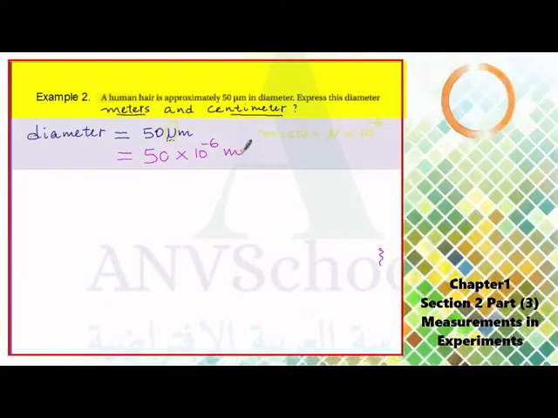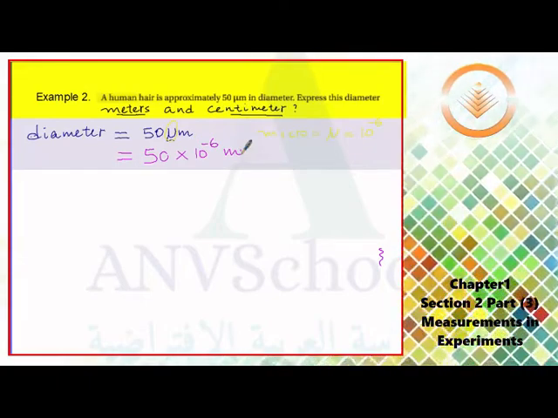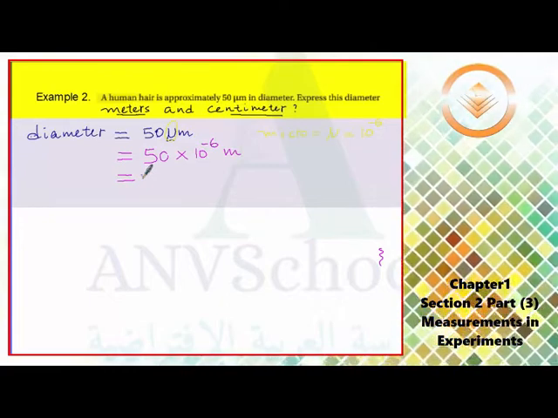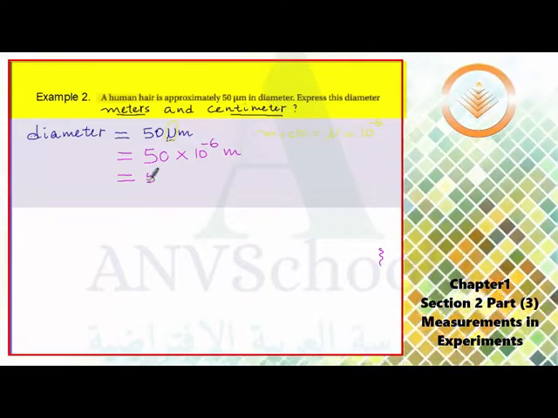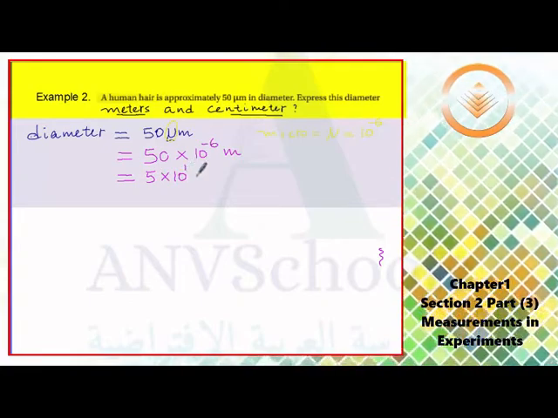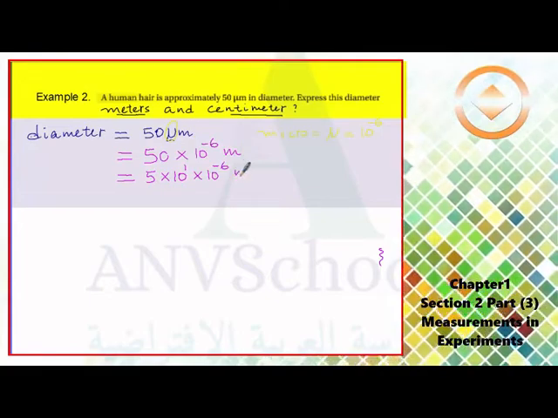You can write it in this way, and this is one possible answer, but most of the time we have to avoid this 0. I can write 50 as 5 multiplied by 10 to the power of 1, multiplied by 10 to the power of negative 6 meter.